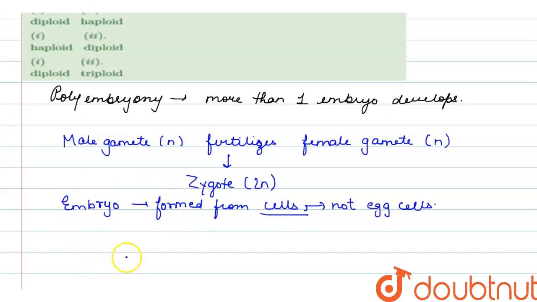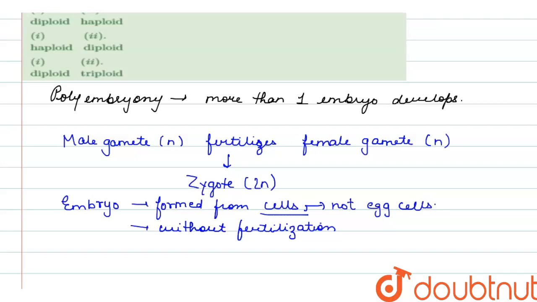So when embryo is formed from cells other than egg cells, this formation is without fertilization, without fertilization with the male gamete. Alright.